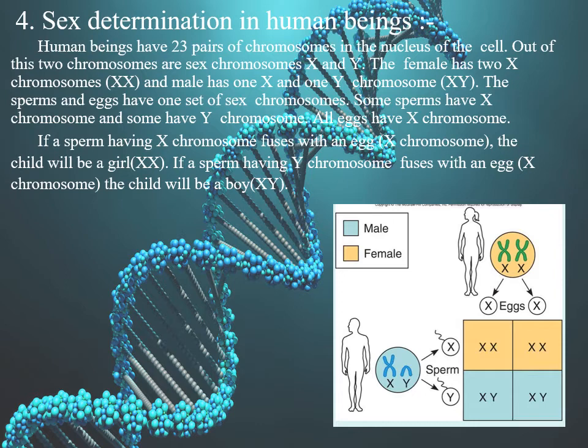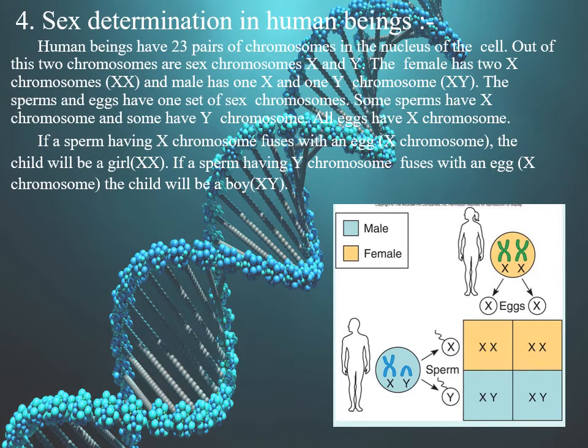The sperm and the eggs have 1 set of sex chromosomes present. Some sperms have X chromosomes, and some sperms have Y chromosomes, whereas all eggs have X chromosomes only.